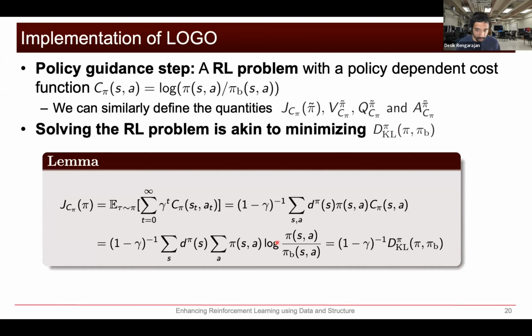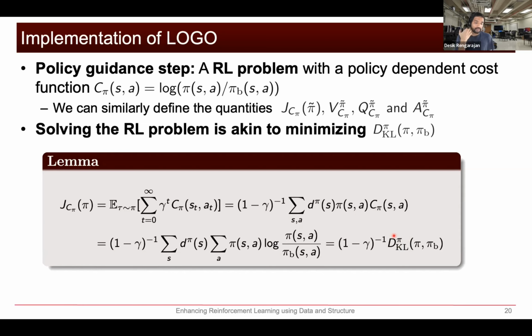It's pretty simple. So suppose we define our reward as follows. We can essentially write down what J of c_pi looks like. And it basically comes down to replacing this c_pi with the log of pi by pi_b. And this immediately turns out to be the average KL between policy pi and pi_b, where the average is taken according to policy pi.